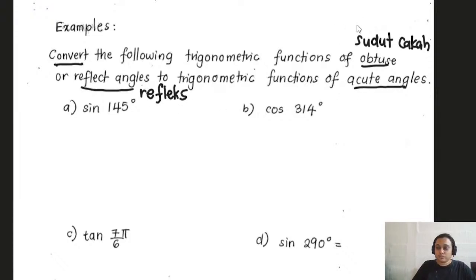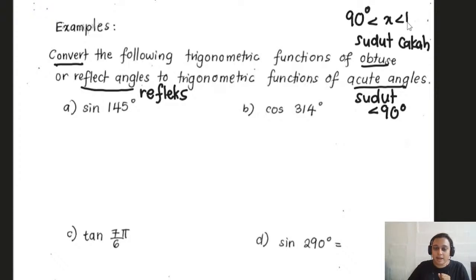Kita nak tukar sudut cakah kepada sudut acute. Acute angle is smaller than 90 degrees, lebih kecil daripada 90. Obtuse angle is between 90 to 180.